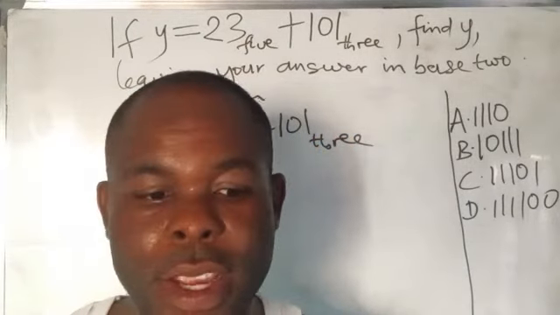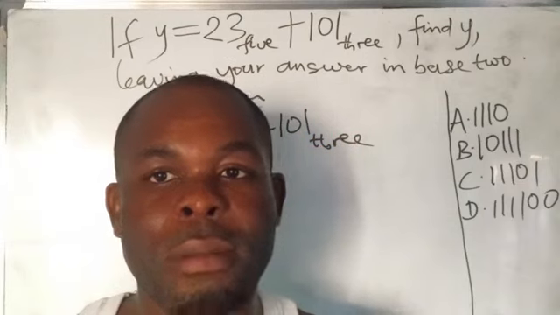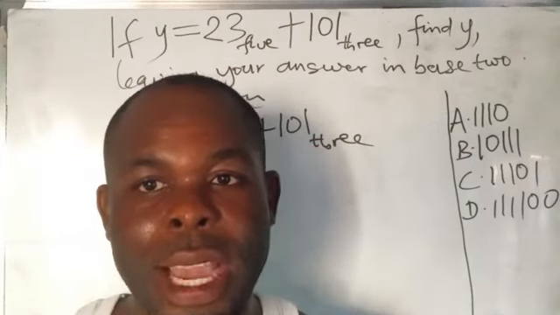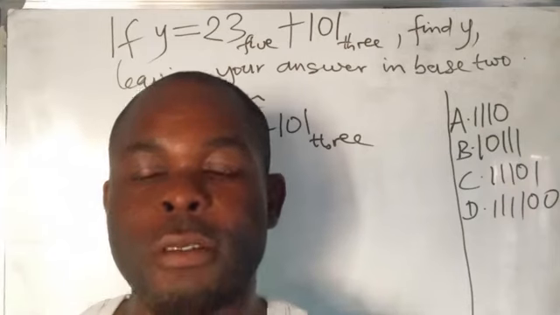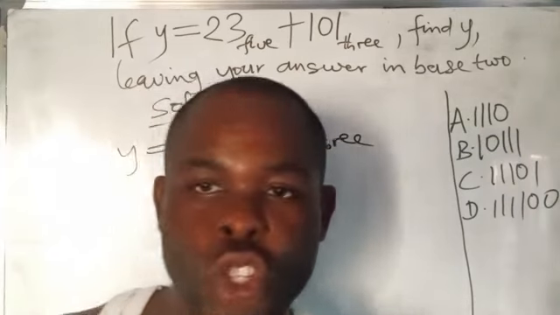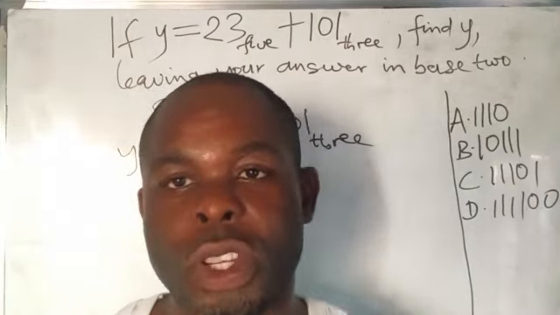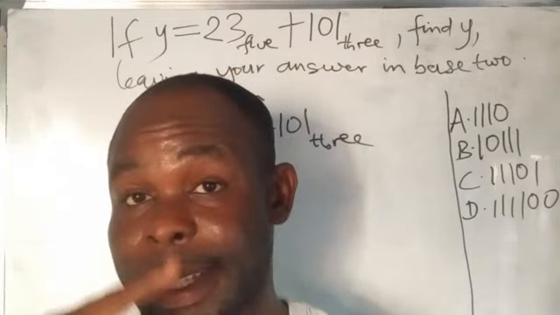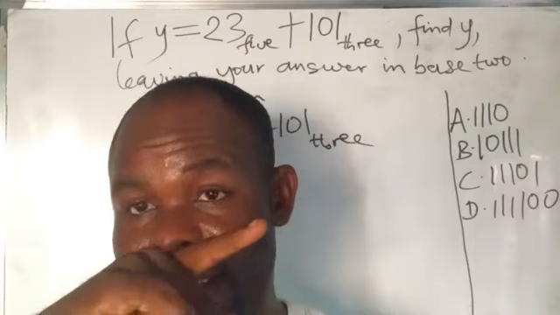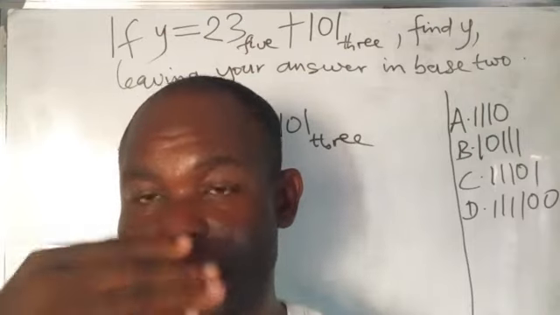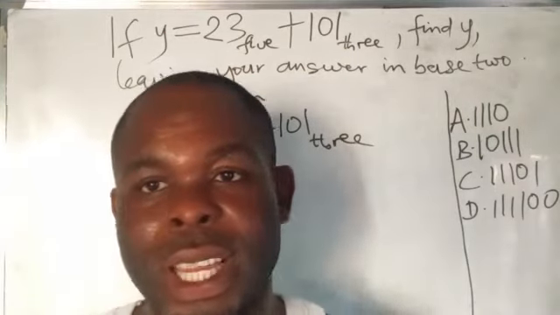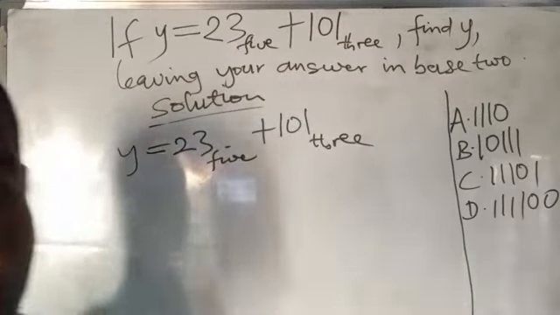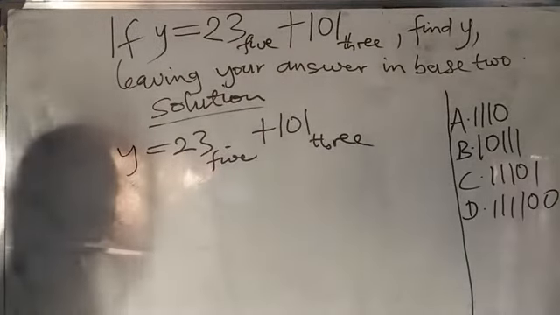Then we can add them together and convert the base 10 to base 2, which is the required base they ask us to leave the answer in. So now watch as we do this.